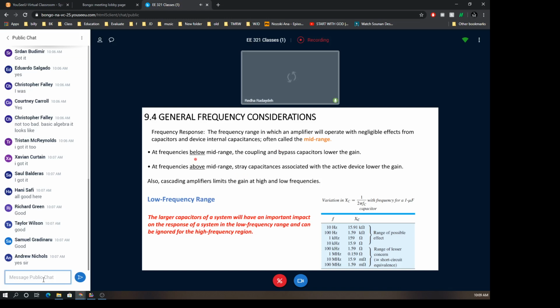So at very low frequencies, the gain provided by the amplifier degrades because of these external capacitors. On the other hand, at high frequencies above that mid-range, internal capacitors, parasitic or stray capacitors associated with the physical structure of the BJT or FET, lower the gain.